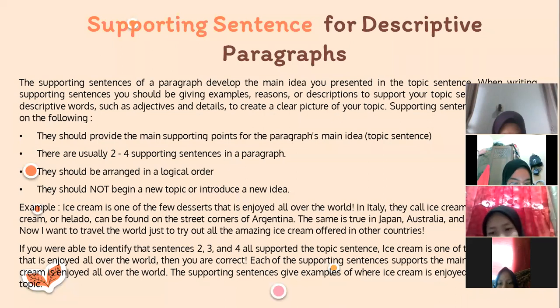Use descriptive words, such as adjectives, and details to create a clear picture of your topic. Supporting sentences should focus on the following.